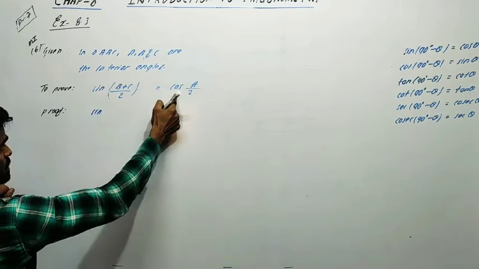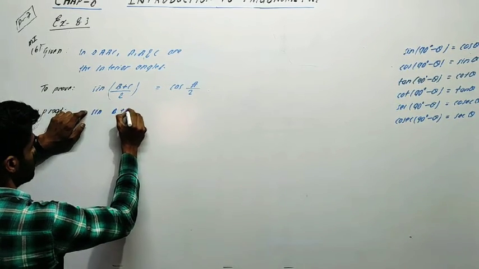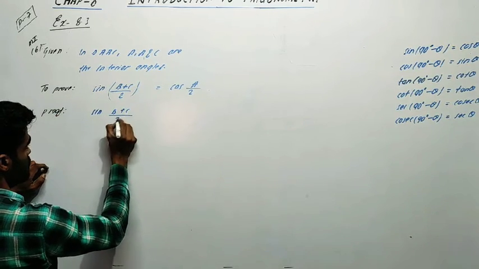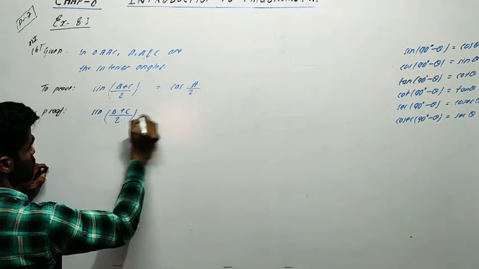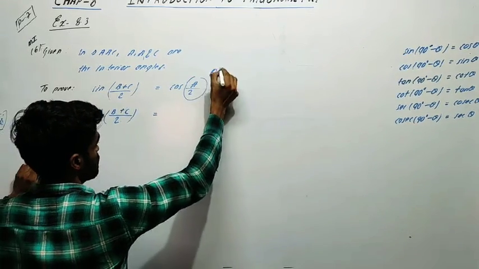So I am converting cos in the form of sine. Copying the LHS, sin of (B plus C) whole divided by 2 is equal to cos theta, where theta value is A upon 2.